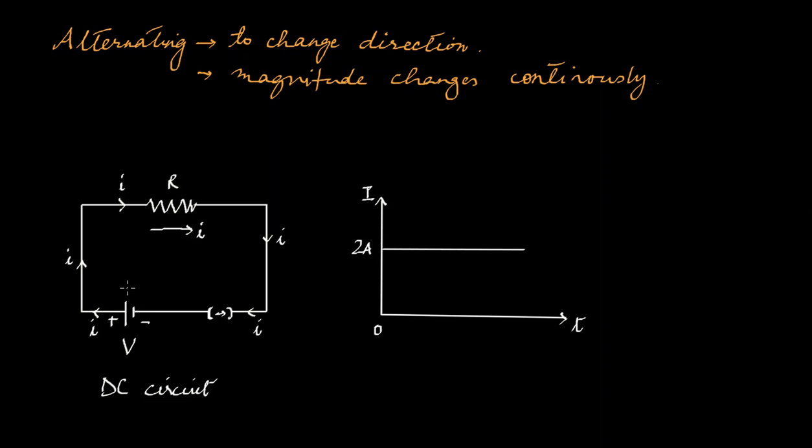Are you understanding? Now let us look at what will happen in an alternating current circuit. In an alternating current circuit, you have something like this. Again, we have this circuit out here.